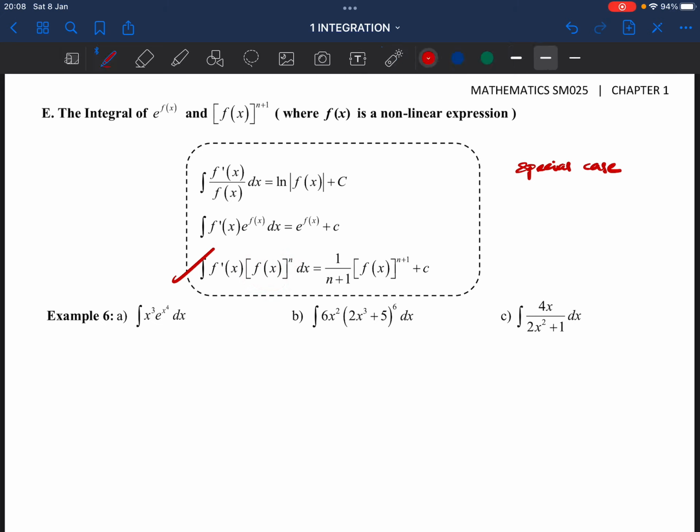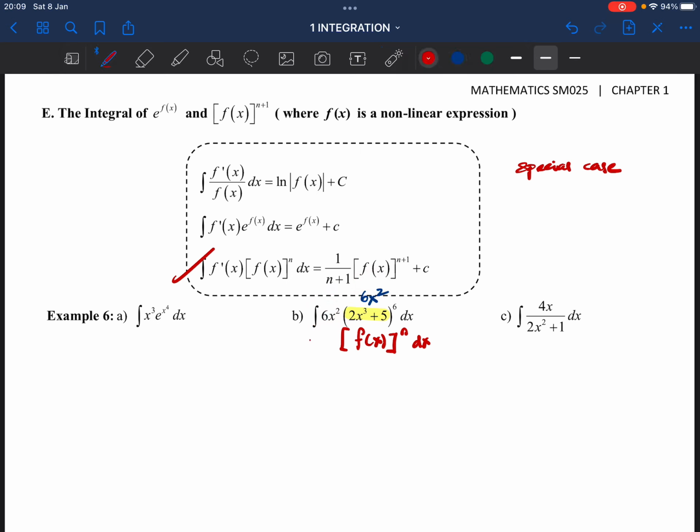Okay, so this is your f(x) with power n, which is, if you differentiate your f(x), that means if we differentiate this part here, you will get 6x squared. Okay, right? You will get 6x squared. That means your 6x squared is the same as this one.